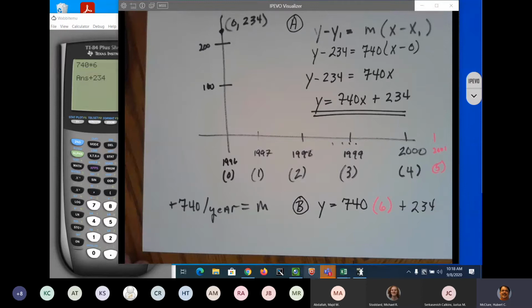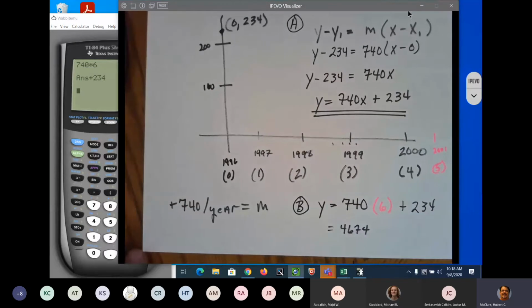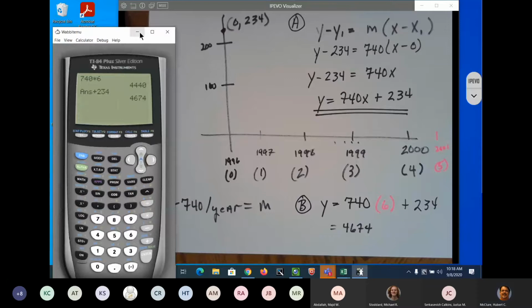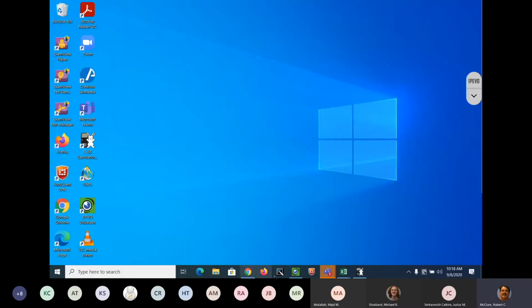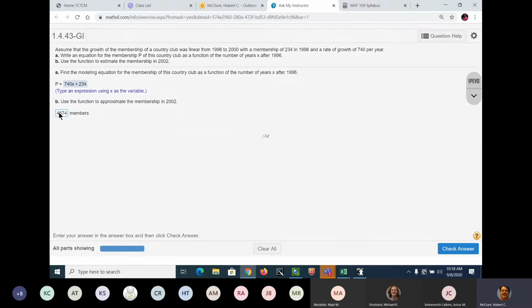It should be. Let me write it down because I'll forget it. 4674. So the country club will have a membership of close to 5,000. That's a good test question.